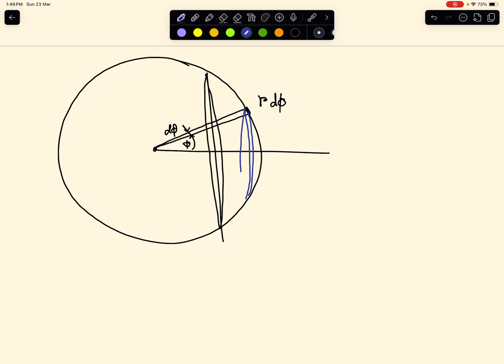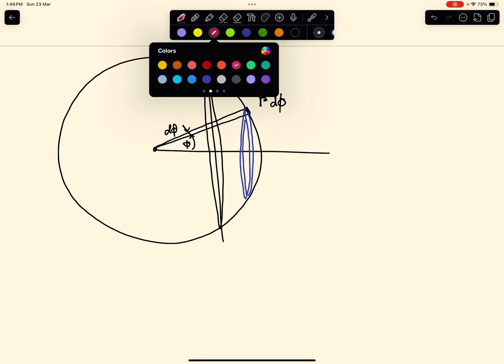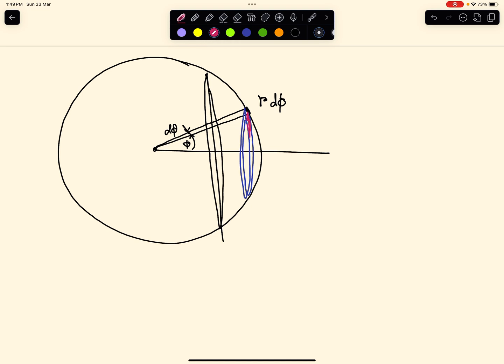So now we will find out the area of this circular strip. This length is r d phi, while this much is r sin phi. So this small area dA is r d phi multiplied by r sin phi.